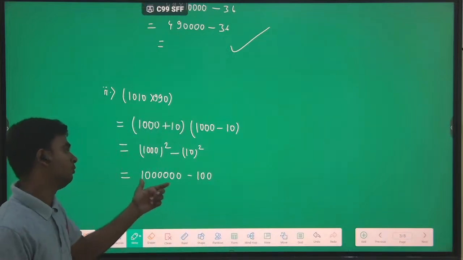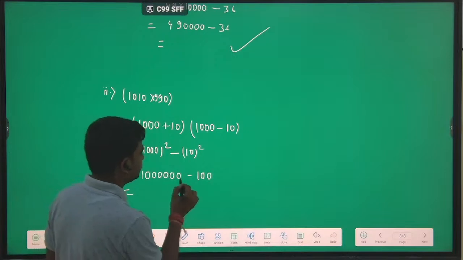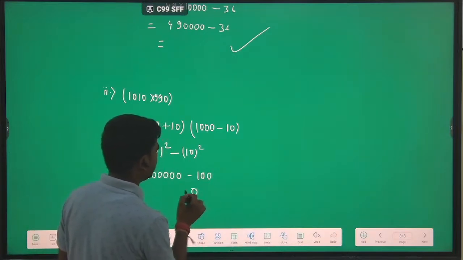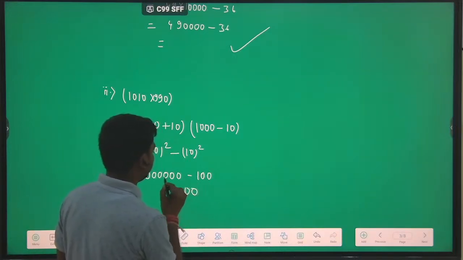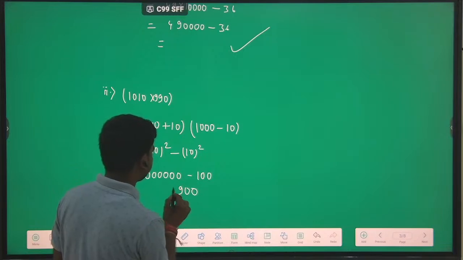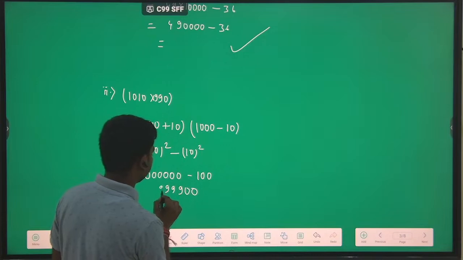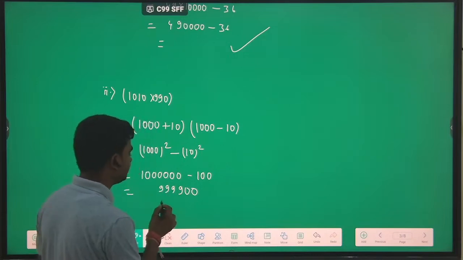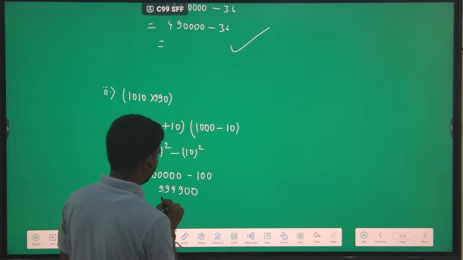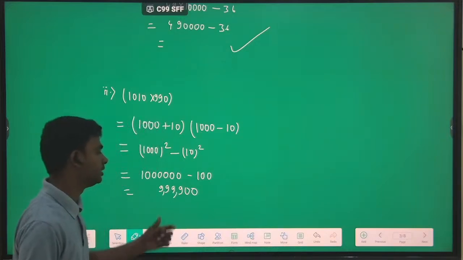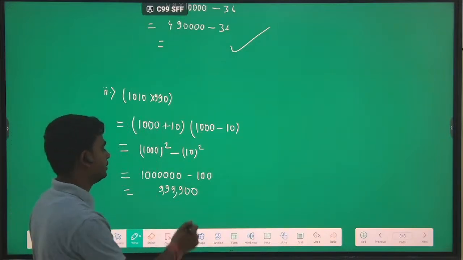Are you getting it? We will solve this. 0 minus 0 is 0, 0 minus 0 is 0, 10 minus 1 is 9, 9, 9. So we will get 9,99,900. So this will be our answer.